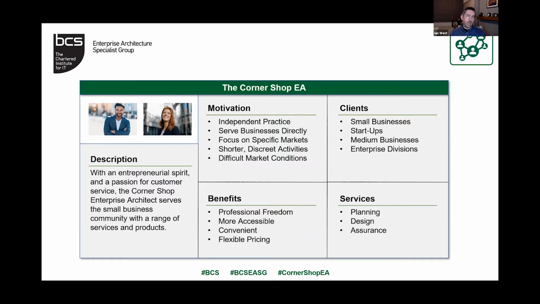But actually from a business perspective, and this really begins to play into that corner shop mentality, if you think about why you would use a corner shop, well, I go to my corner shop because it's quite accessible. I only need to walk to the end of the road and I can get what I need.